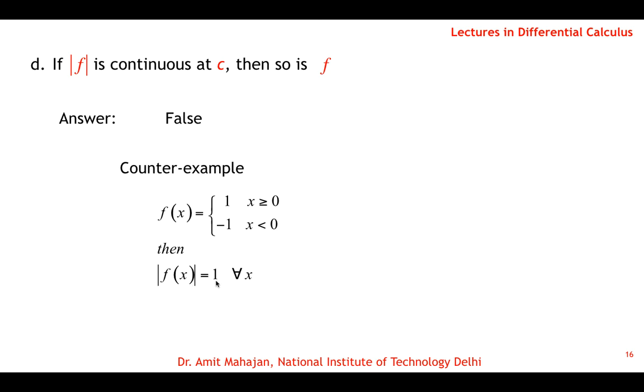So the modulus function is continuous at the origin, but the function itself is not continuous at the origin. So if the modulus is continuous at a point, it does not imply that the function is also continuous at that point. So this statement is false.